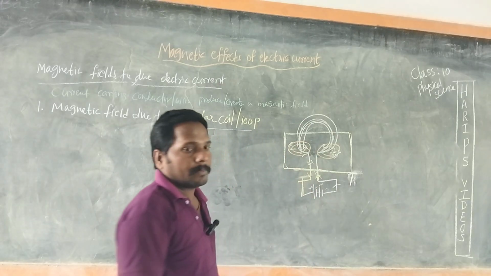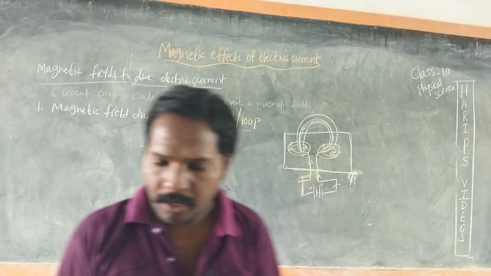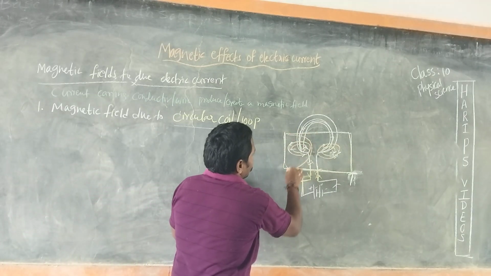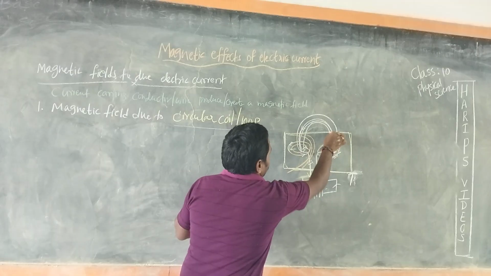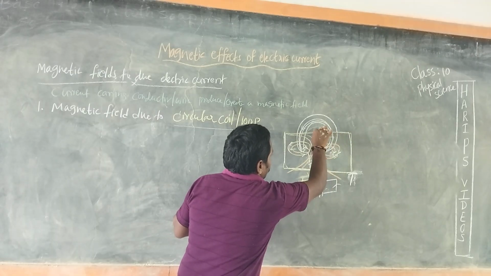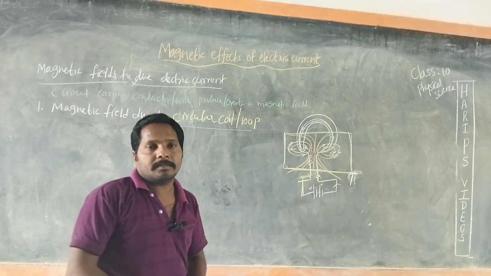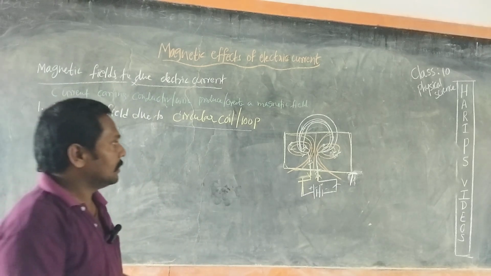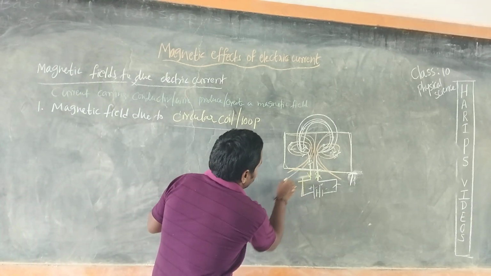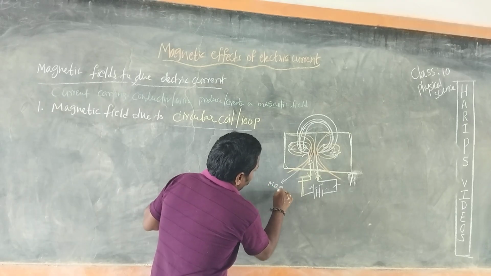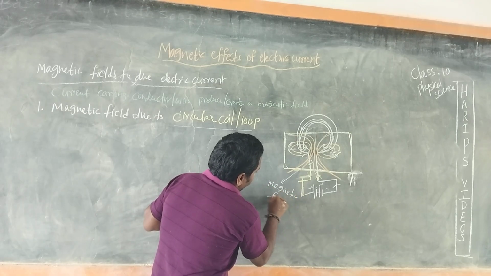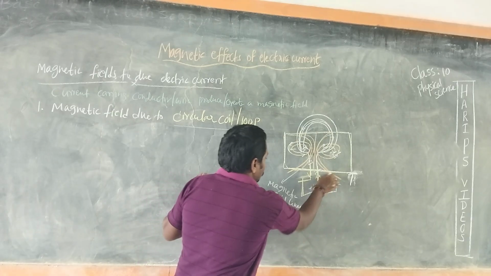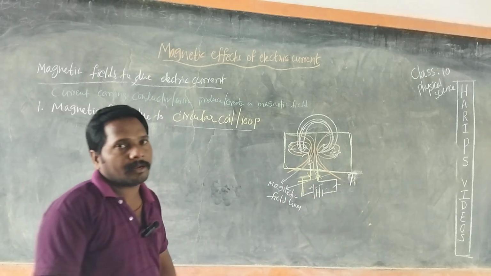So in this way the magnetic field is formed around. So similarly it forms. These represent the magnetic field lines. So these are also magnetic fields.